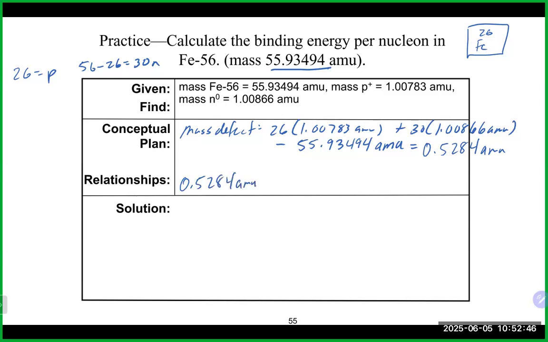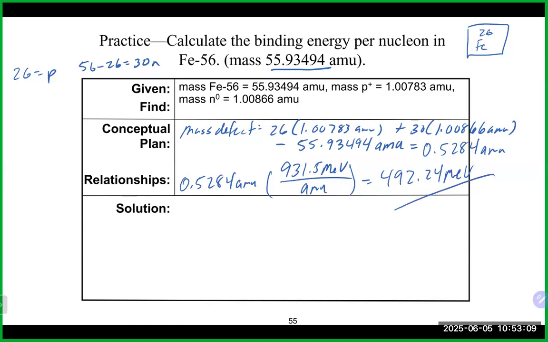Again, you could either use Einstein's equation or just those conversions. Since it didn't really say, we'll go with AMU. We'll go with mega electron volts per AMU. So 931.5 mega electron volts per AMU. That's going to get us 492.24 mega electron volts.